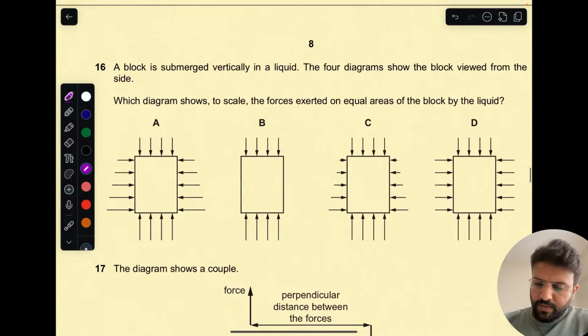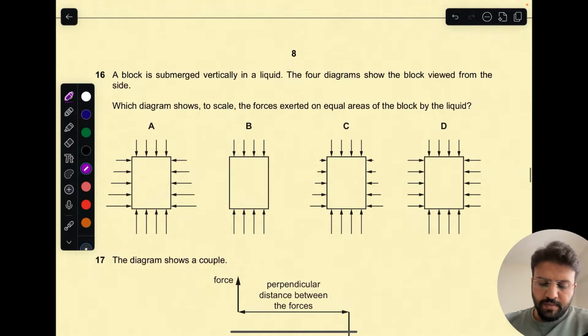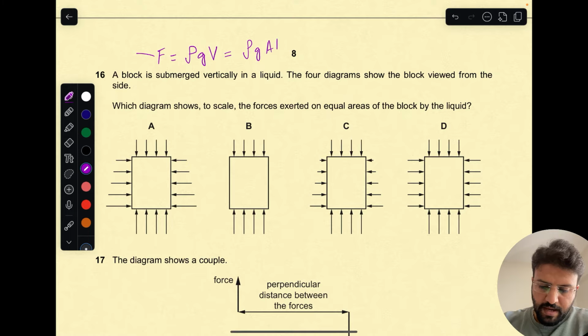Okay, and the next question: a block is submerged vertically in a liquid. The four diagrams show the block viewed from the side. Which diagram shows to scale the forces exerted on equal areas of the block in the liquid? So this is basically the force in a liquid, which is rho g V, or you can say force can be written as rho g, where volume is area into depth.